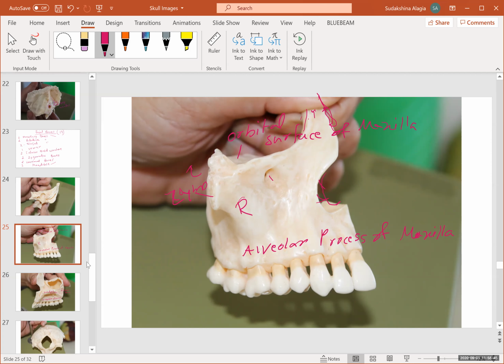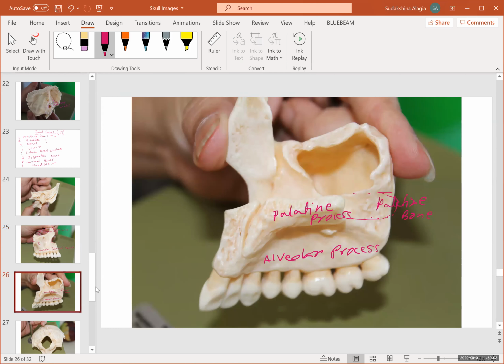Even if I don't ask you on the exam for the maxillary bone, if you know it yourself, you immediately know that this is the superior end, that's the orbital surface. This is the part that's going to meet up with the zygomatic bone. This is where the nasal cavity will be. So knowing the left and right gives you a much cleaner, clearer perspective.